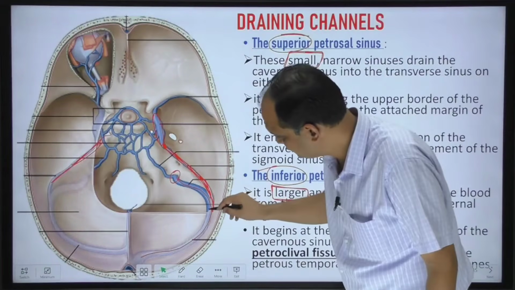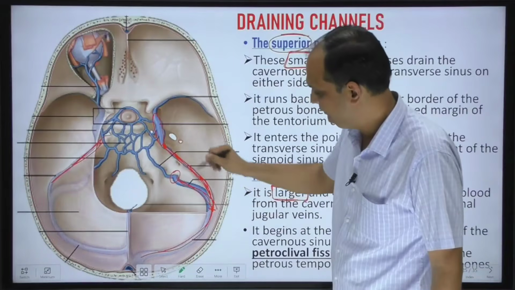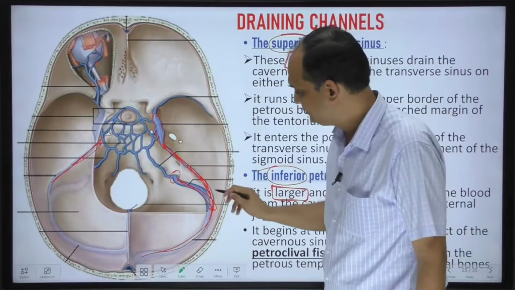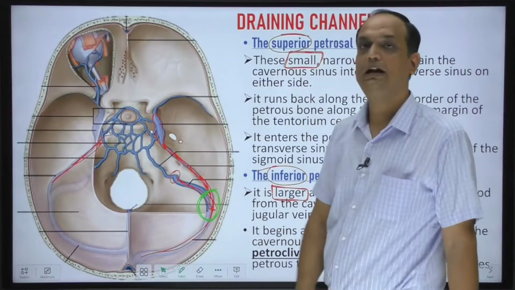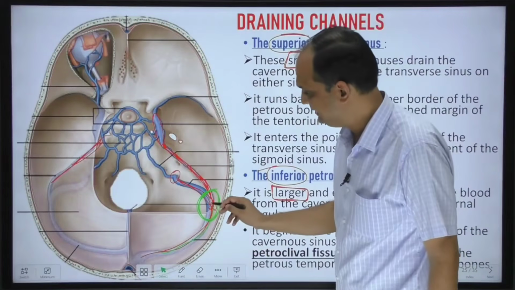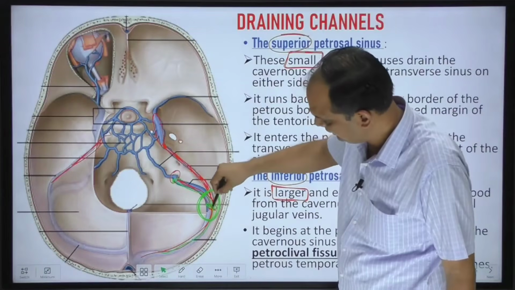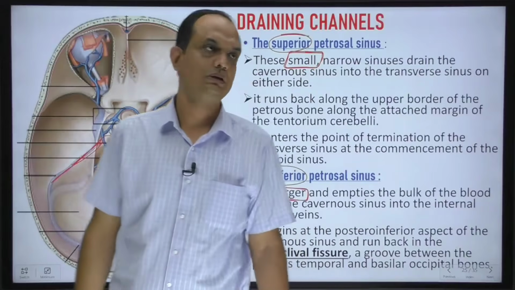Now at the junction of the transverse sinus and sigmoid sinus, we have the opening of the superior petrosal sinus. So at this point you have three sinuses. One is the transverse sinus, second it will continue as the sigmoid sinus, and third, at this point it is receiving the superior petrosal sinus.